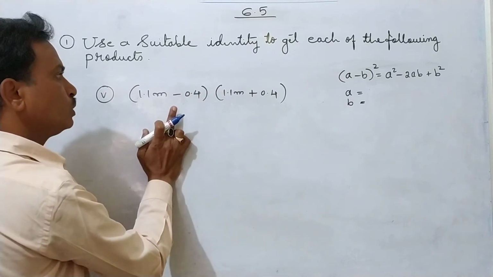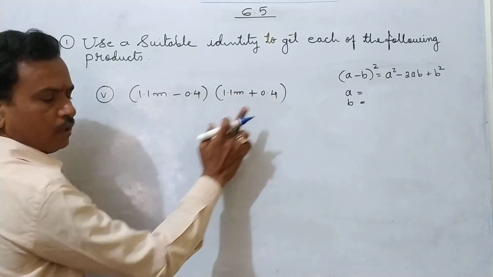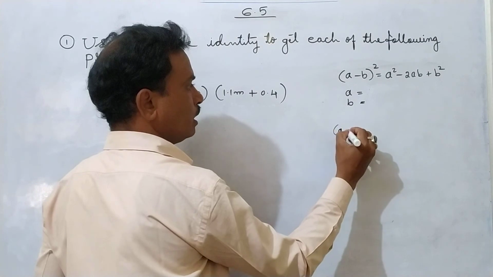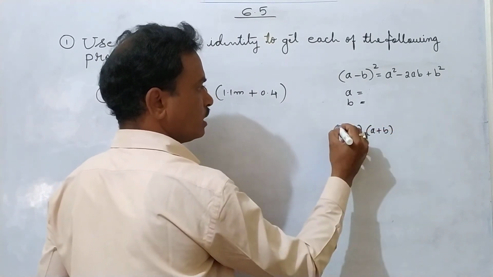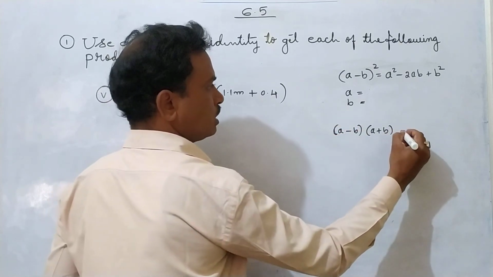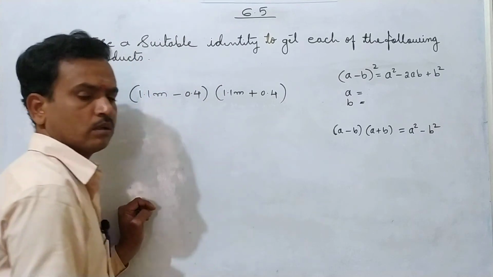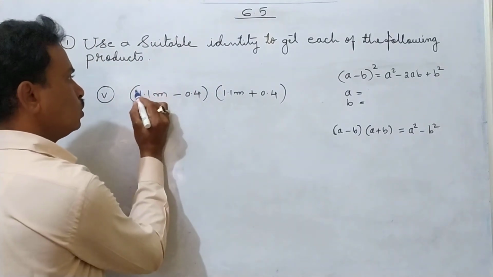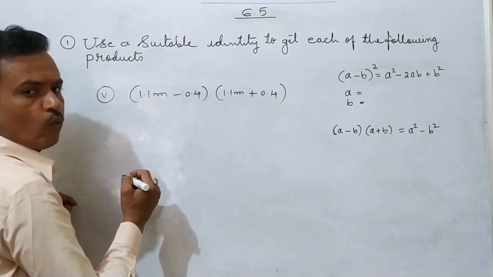So what should we do? A minus b into a plus b. We can use this identity. So this is equal to a square minus b square. Here a is equal to 1.1 m, then b is equal to 0.4.